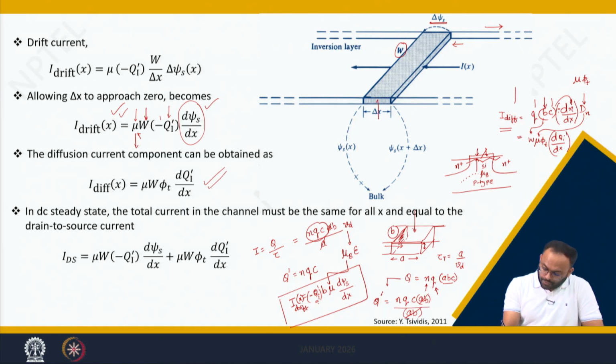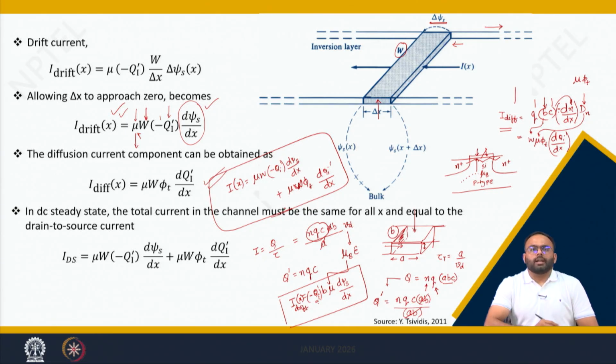And at any point of x, we will get the total current as I of x is nothing but mu into W into minus Qi dash d psi s plus mu into W into phi t into dQi dash by dx.